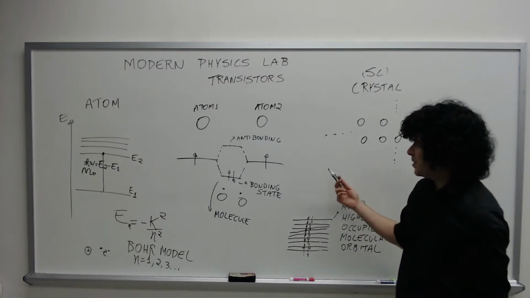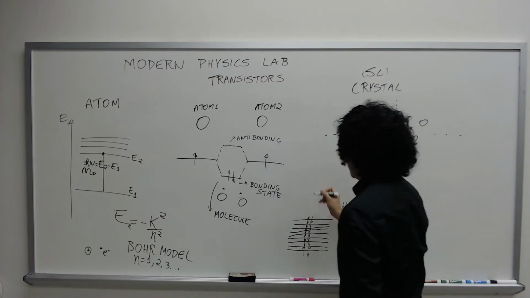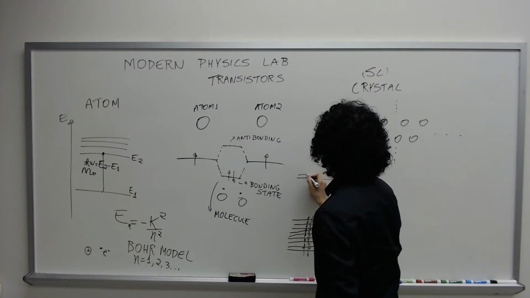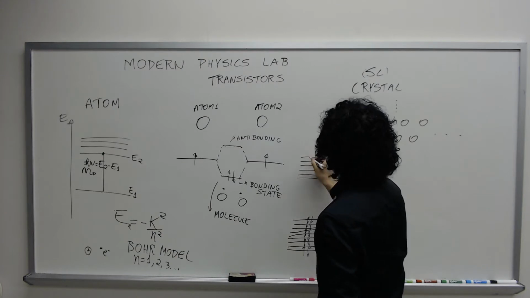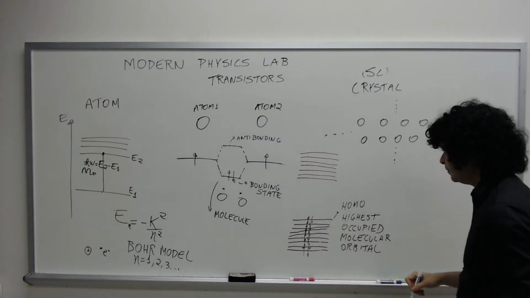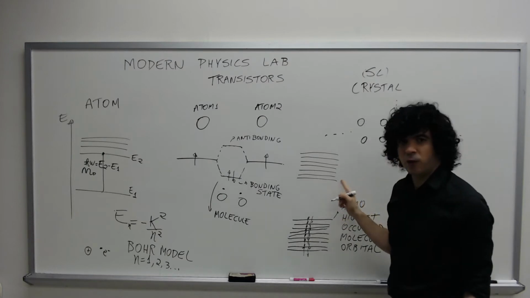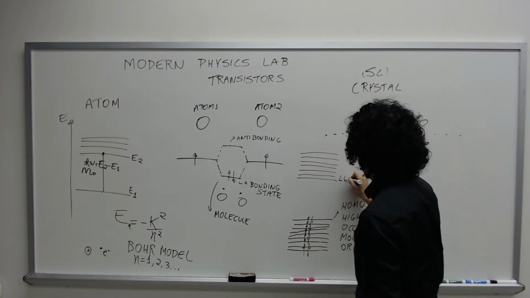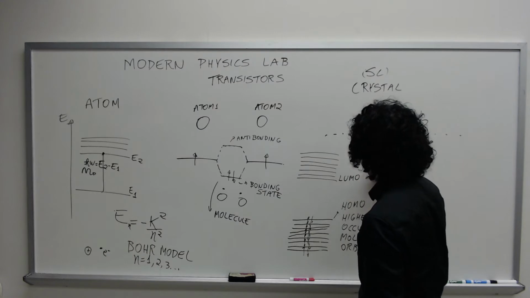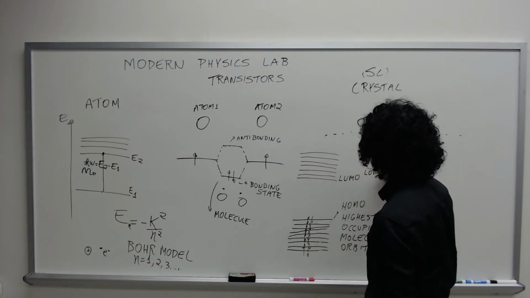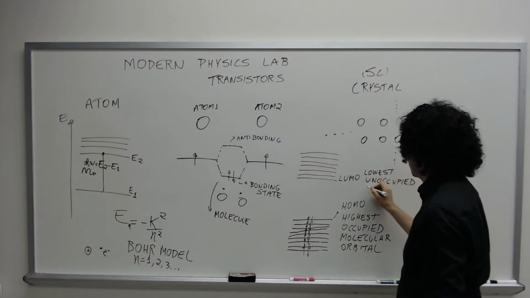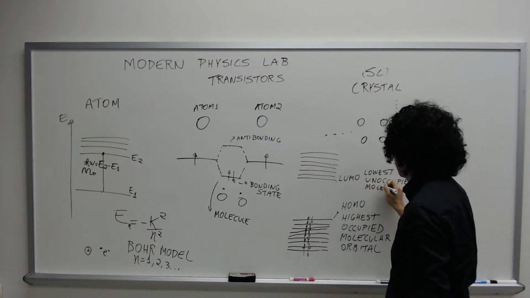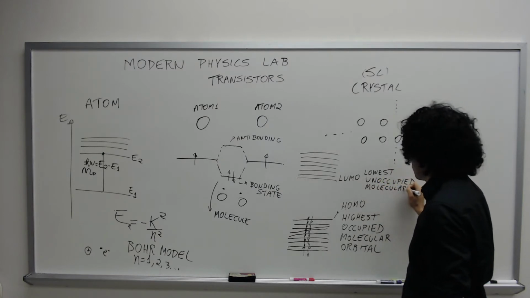The excited states that are equivalent to the anti-bonding states are up here. So we have many states. The state with the lowest energy is called LUMO, which stands for lowest unoccupied molecular orbital.